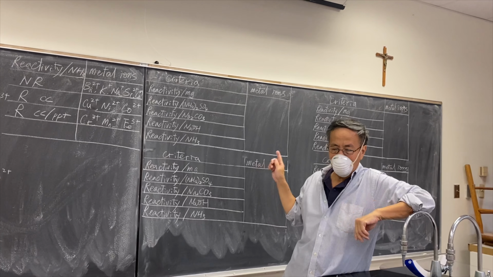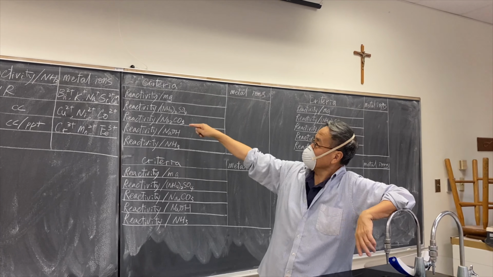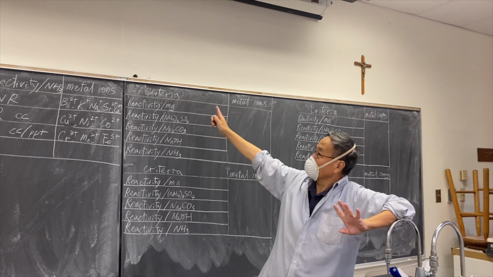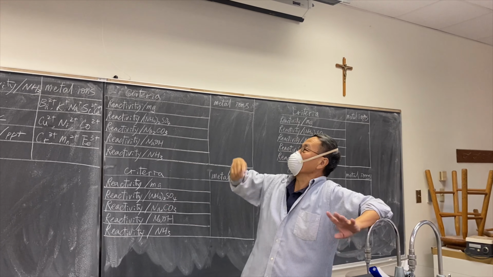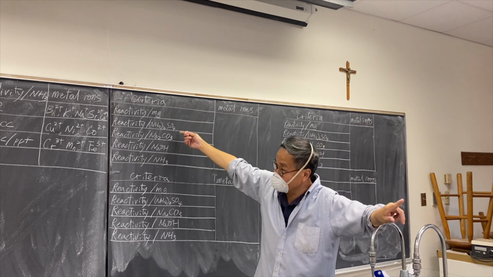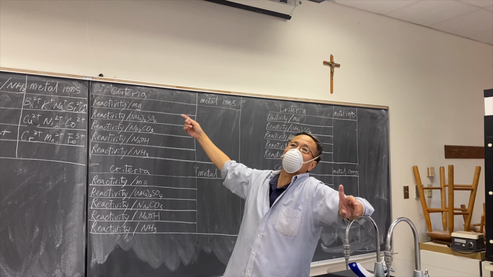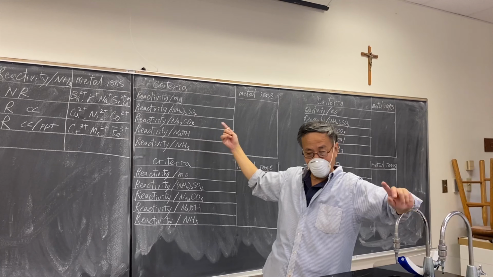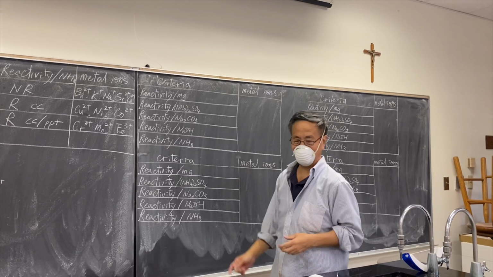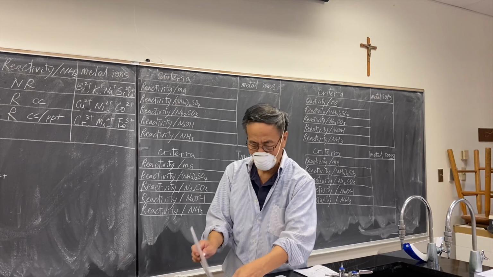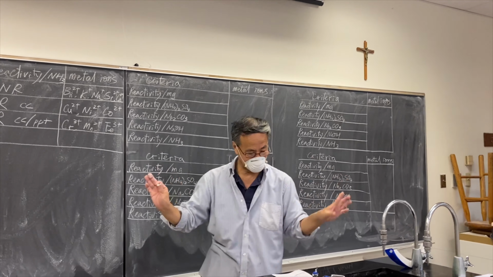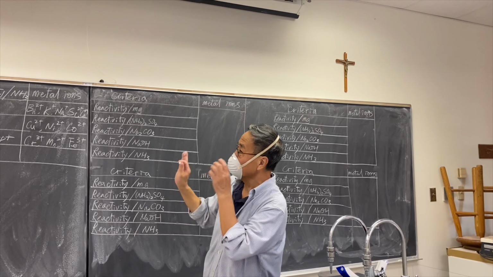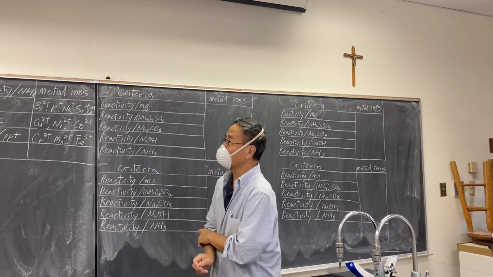Every single final table contains the reactivity with magnesium, reactivity with ammonium sulfate, reactivity with sodium carbonate, reactivity with sodium hydroxide, and reactivity with ammonia. All right, so let's see how this is going to play out. Now we massage everything all together.